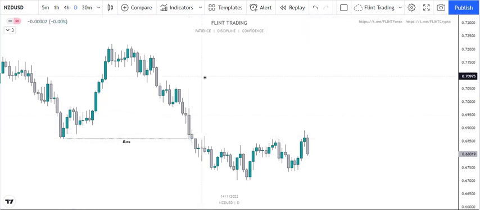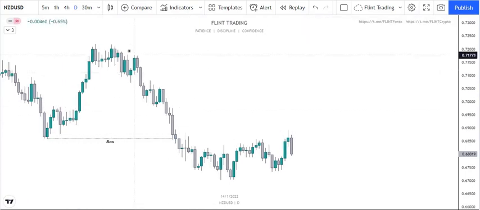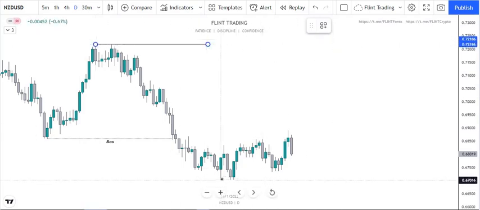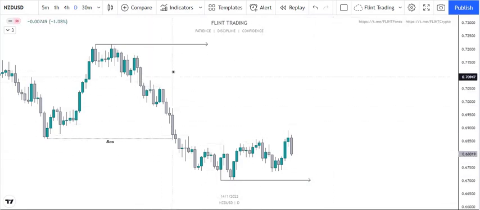Now I have to determine which is the structural high and which is the structural low. I can easily do that because the move originated from here and came to an end at this level. So this is my structural high and this is my structural low. Overall, this is the whole range from where we would be taking our trades.